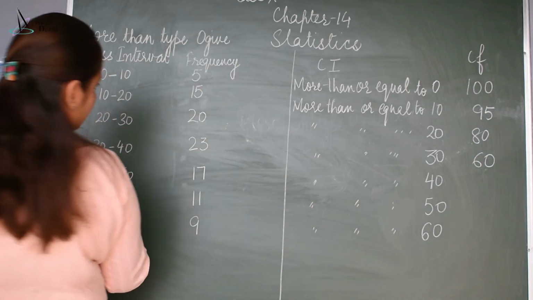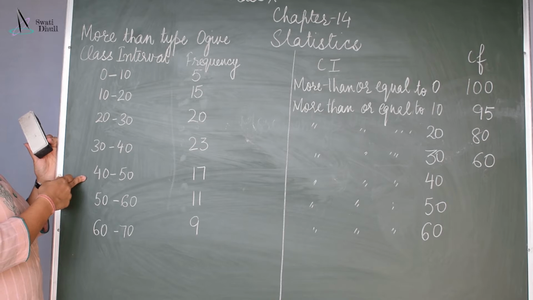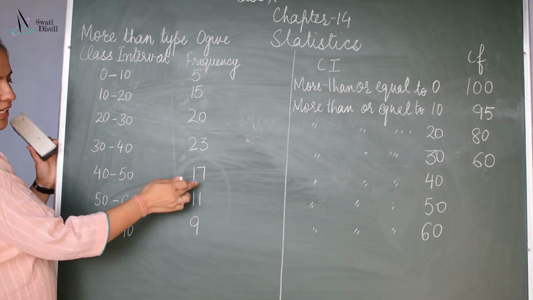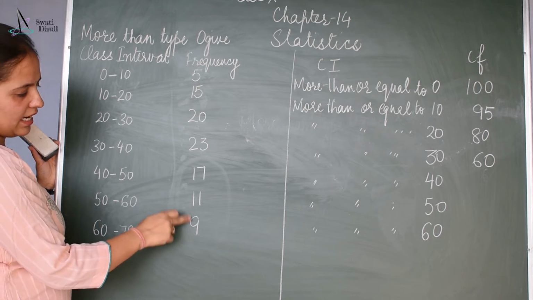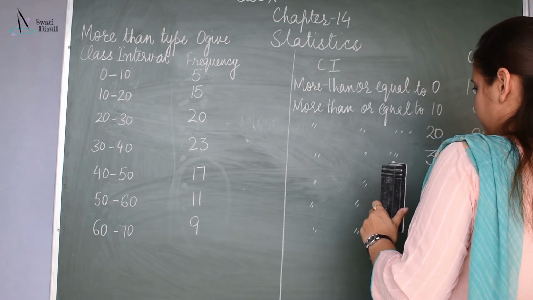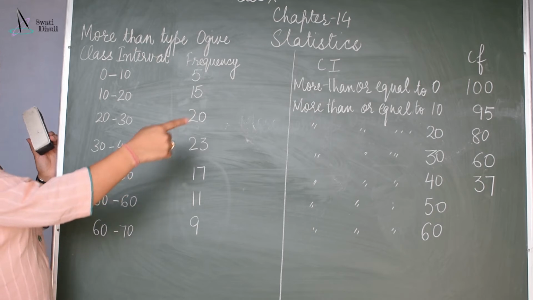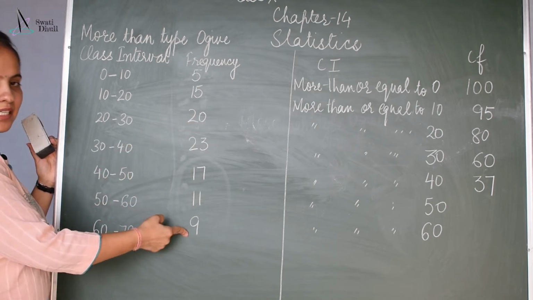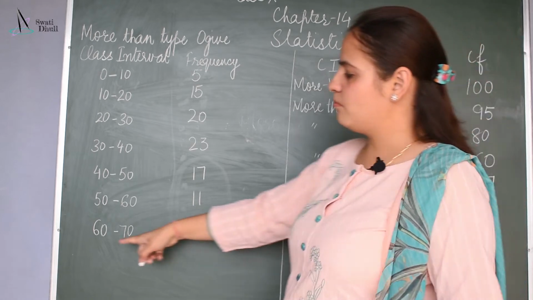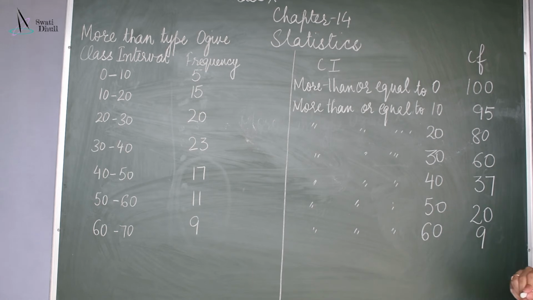Now let's see the next interval, more than or equal to 40. So we will start from this interval, that is these three values will be included. So 17 plus 11 plus 9 will be equal to 37. Next is more than or equal to 50. So 11 plus 9, that is 20. And then more than or equal to 60. So your last class interval only, that is 9.